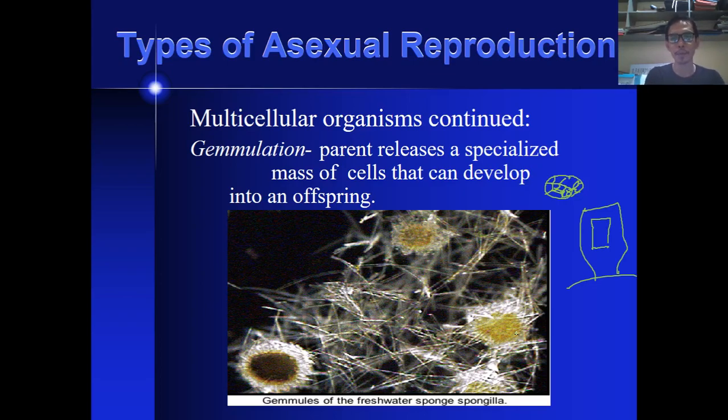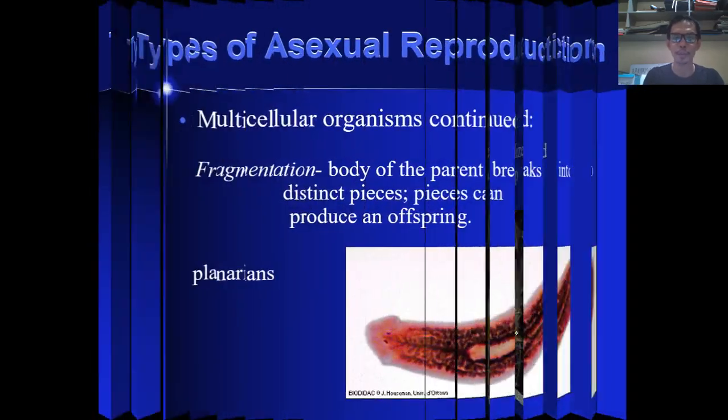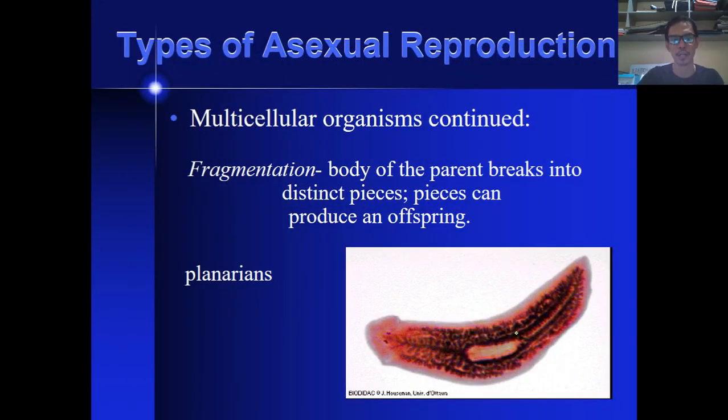Alright, so another type of asexual reproduction is what they call fragmentation. So what is fragmentation? It is performed by multicellular organisms. An example here is the flatworms. What fragmentation does is this: this is the parent body, the whole thing right here.